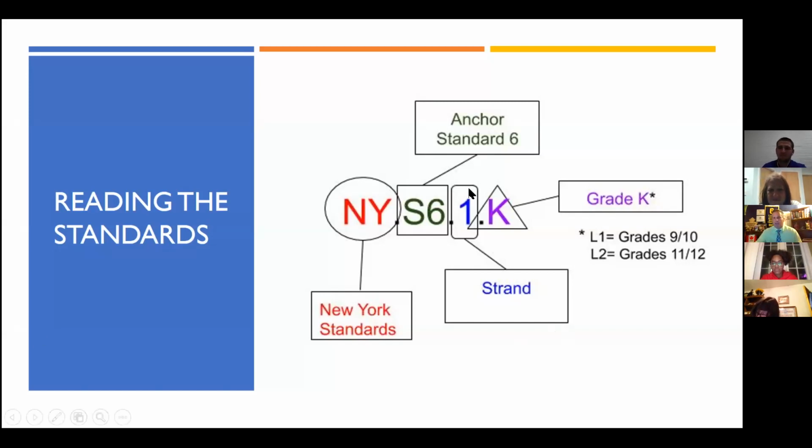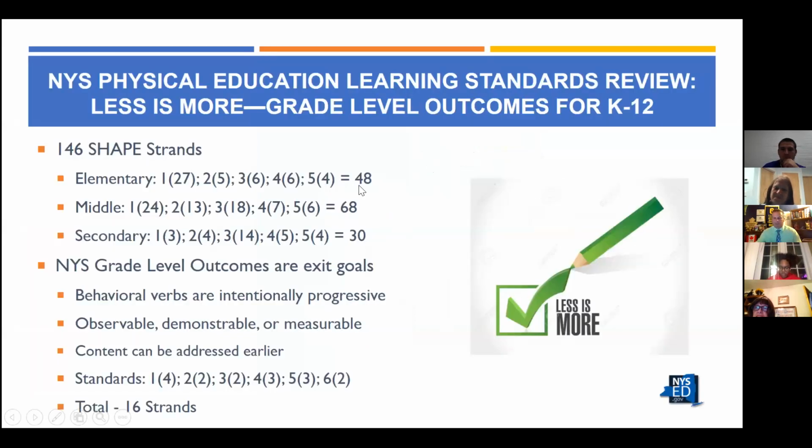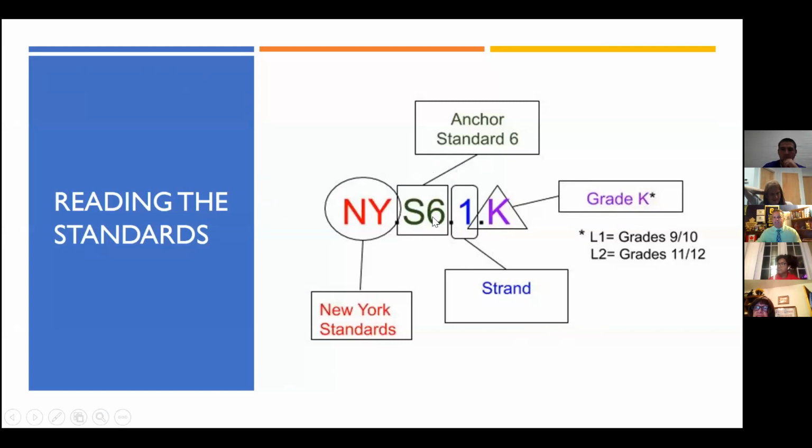Now, here's a question for you. 1 through 6. Oh, I gave away the answer. What's the top number or the bottom number with this one here, referencing the anchor standard? What's the top number, what's the bottom number?